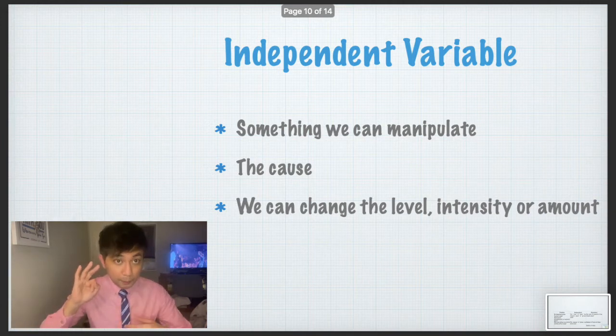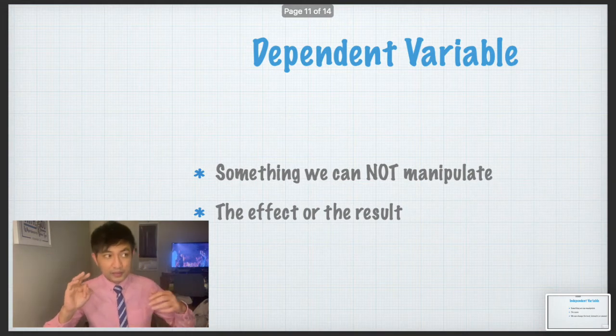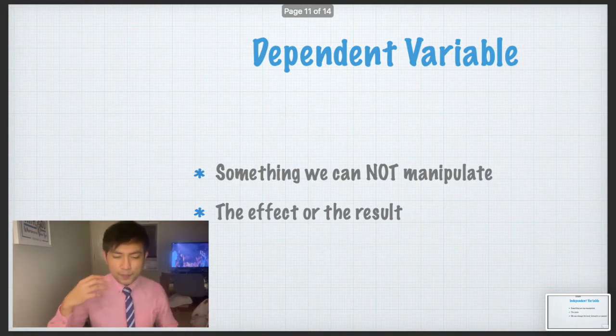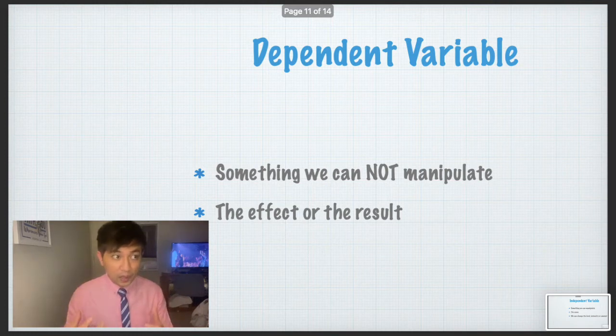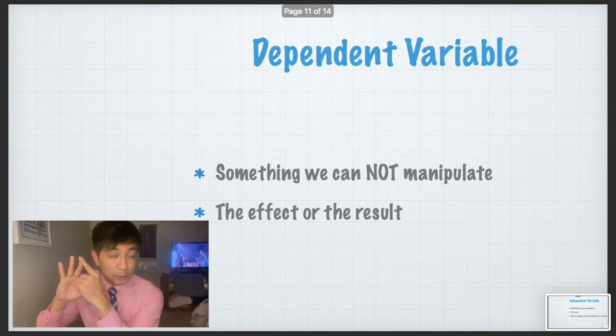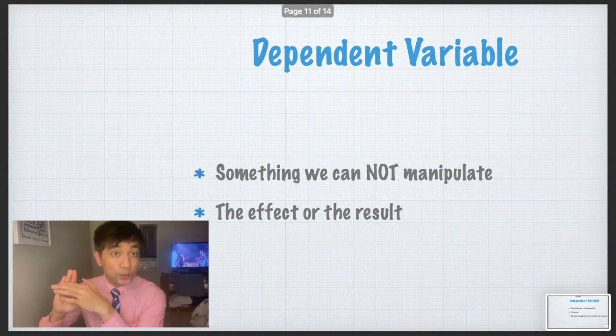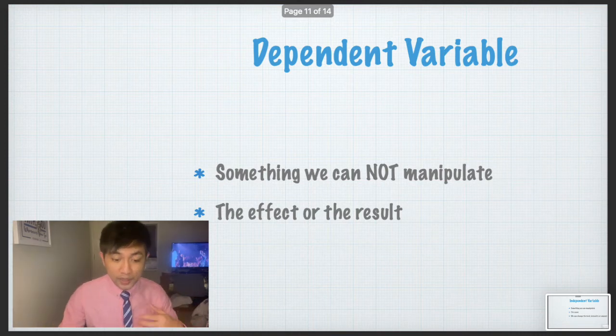And then the dependent variable is the effect or the result, something that we cannot manipulate. This is the result of the things that we manipulated. This is the effect or the result that we are trying to measure, or trying to know.